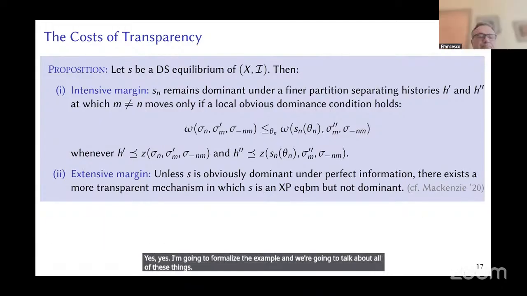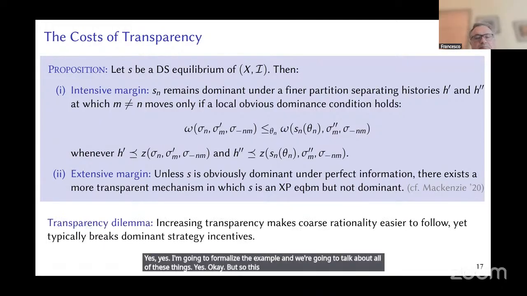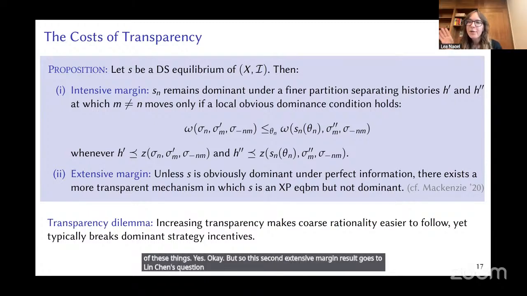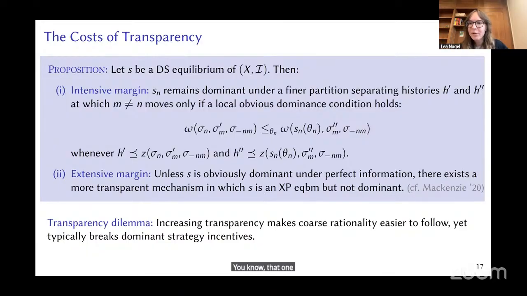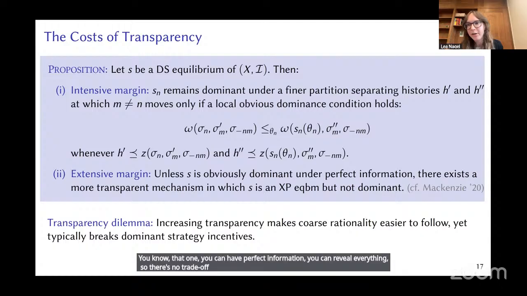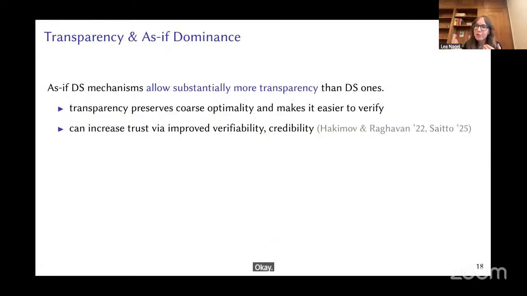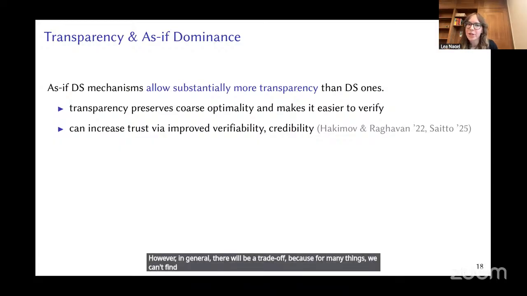Okay. But so this second extensive margin result goes to Linchen's question, which is that if you have an obviously strategy-proof mechanism, that one you can have perfect information, you can reveal everything. So there's no trade-off for that particular tree and that particular strategy profile. Okay. However, in general, there will be a trade-off because for many things, we can't find an obviously strategy-proof implementation at all.